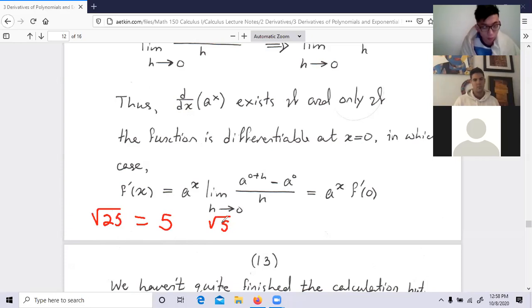Root of 5 means find me a number that when multiplied by itself gives you 5. And instead of finding it, you keep this as your label. You pretend this is the solution. So when you solve the equation, for example, x squared minus 5 equal to 0, in school they told you, oh, you solved it very well. Your answer is x equal to root of 5 or x equal to minus root of 5.